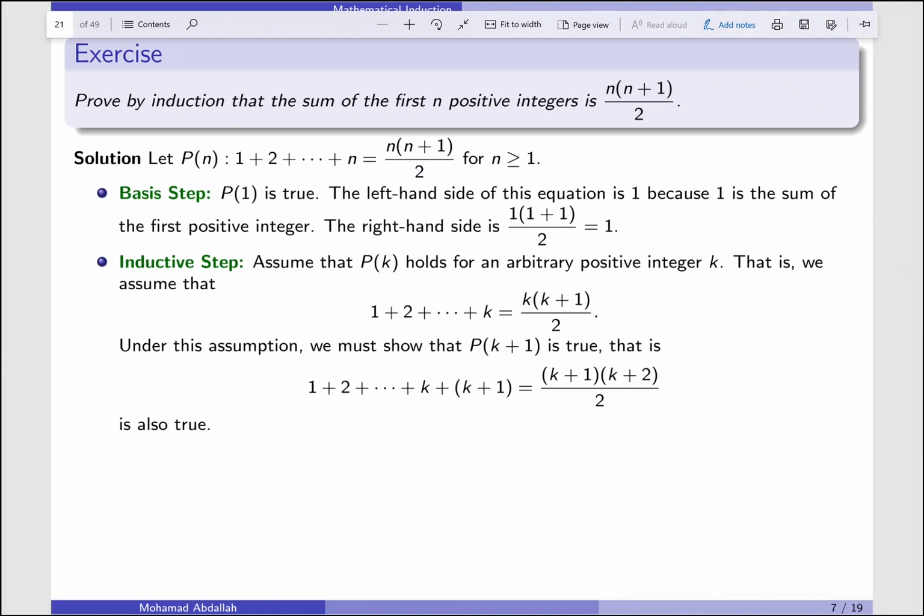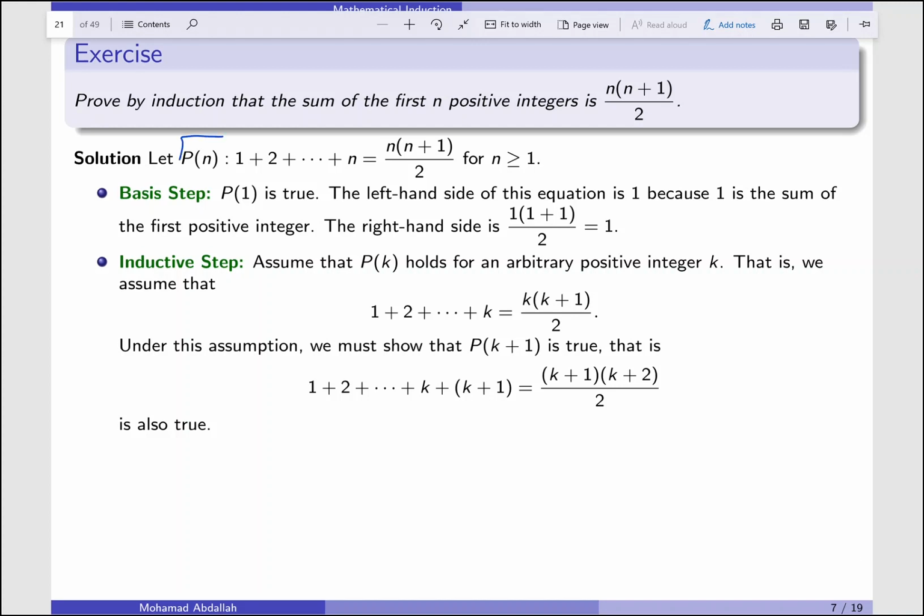You assume, and this is very important, you have to write the problems in this format. You assume that P of k holds for an arbitrary positive integer k. What does this mean? This means that you are assuming P of k is true for some integer k. I don't know what k is. But what does P of k mean?